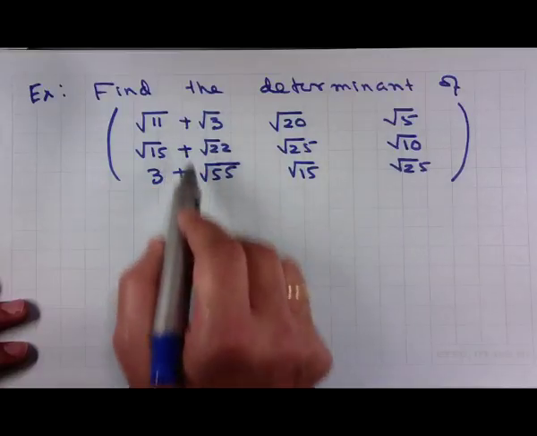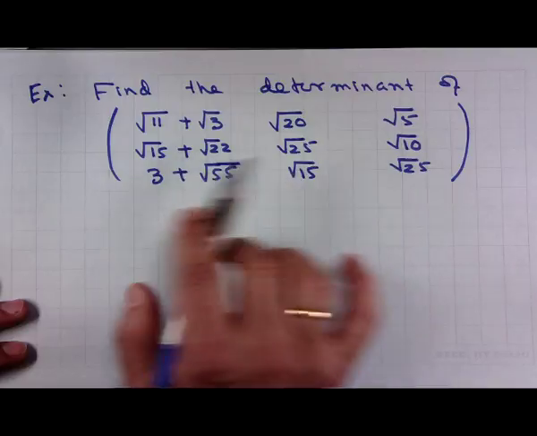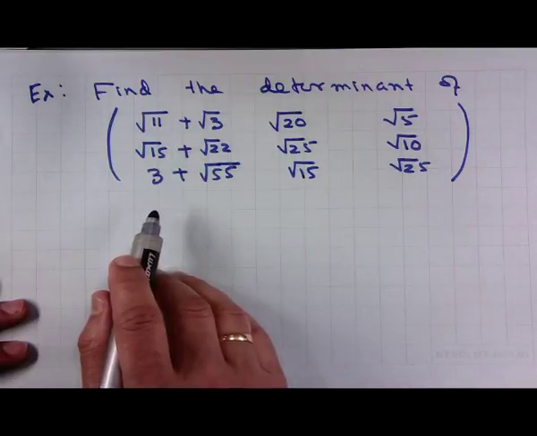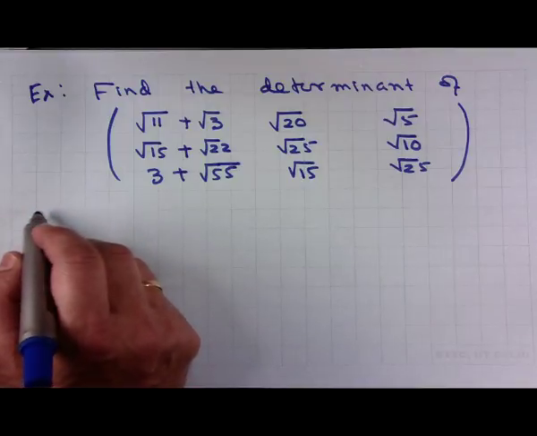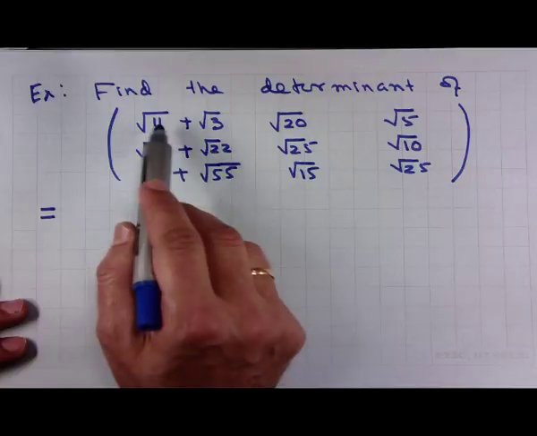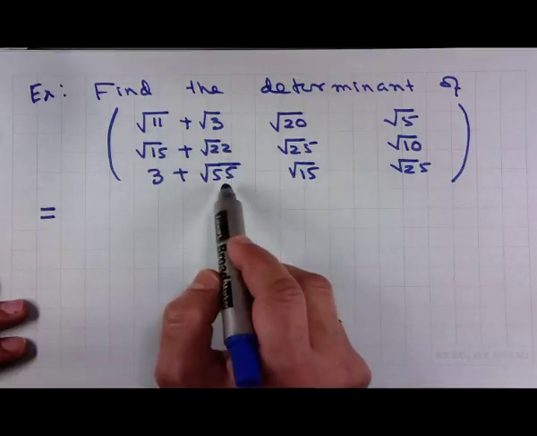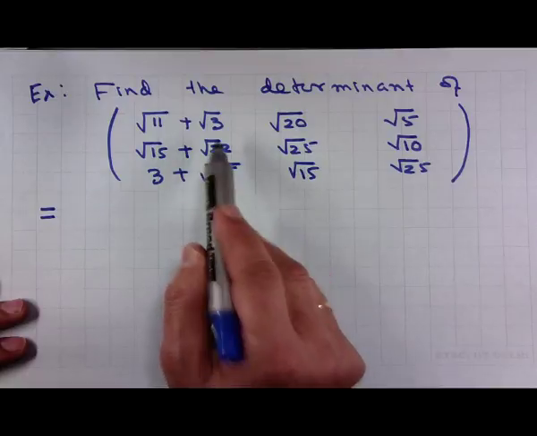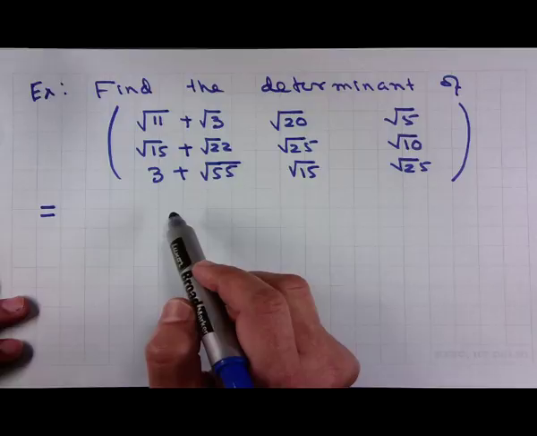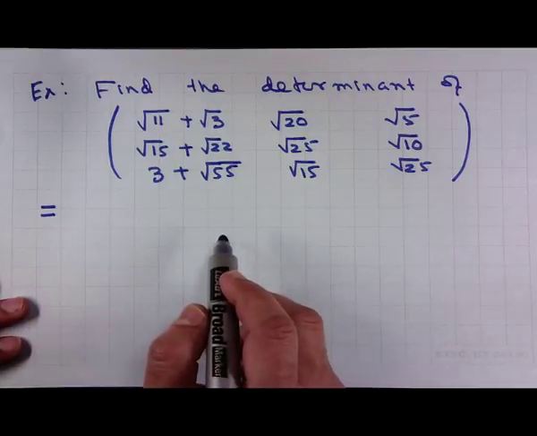Since we have the addition sign here, we can partition it into two parts, but we have to be a little more careful, because root 11 is there, root 22 is there, and root 55 is there. We can see all of them have the term root 11. So, we will be judicious in separating it.